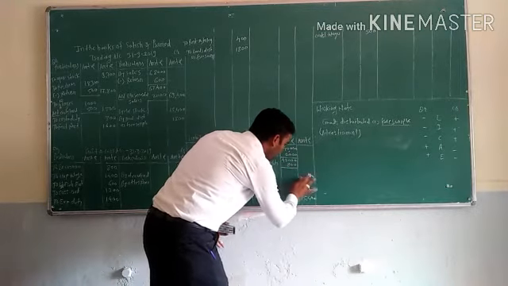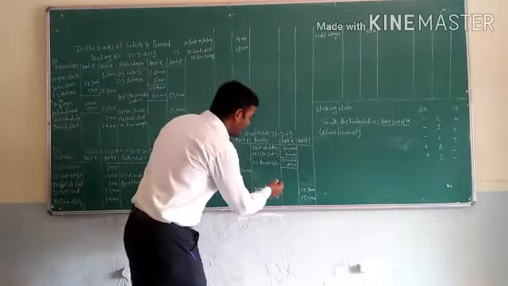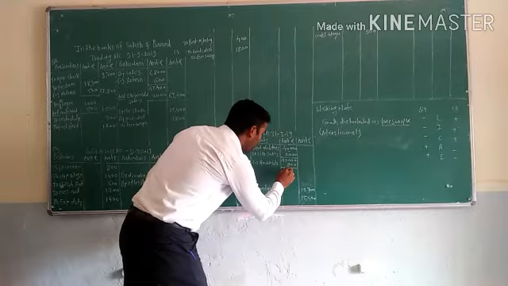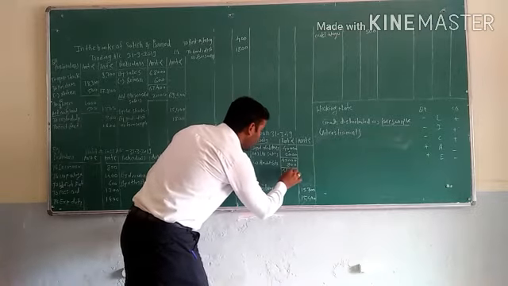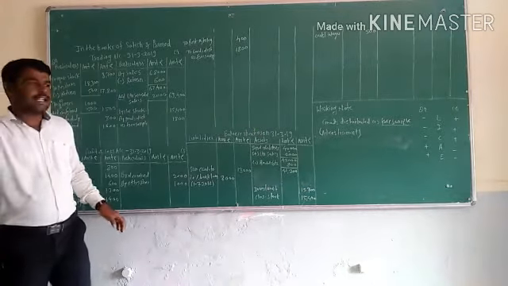The remaining amount is 41,200. This is the asset effect.